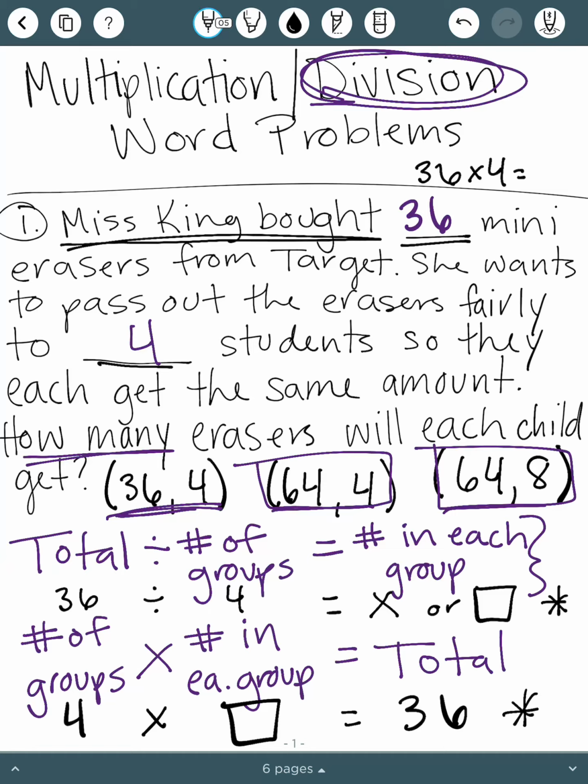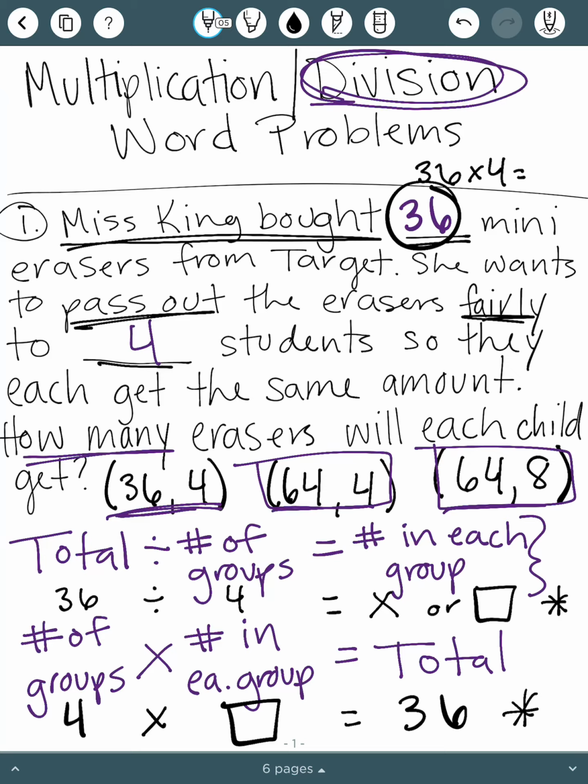So if we do 36 groups of 4, is that going to give us more than 36 erasers? And most of the time they'll say yes. So then I'll explain that that is an unreasonable answer if it says I am passing them out fairly between 4 students. Then hopefully they'll realize that they need to divide the erasers instead of creating 36 groups of 4.